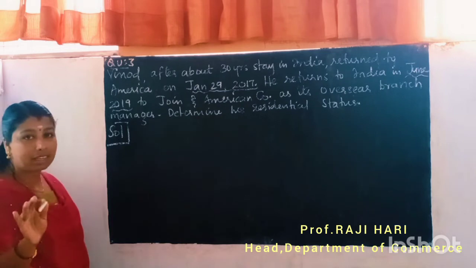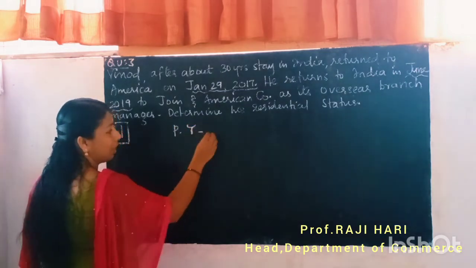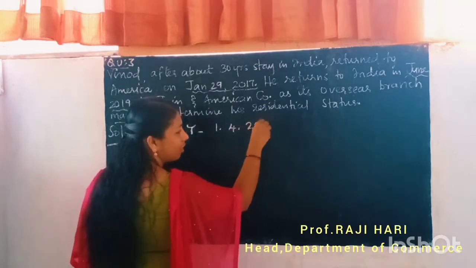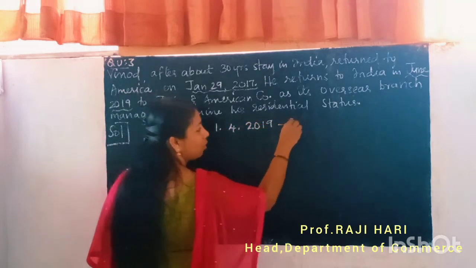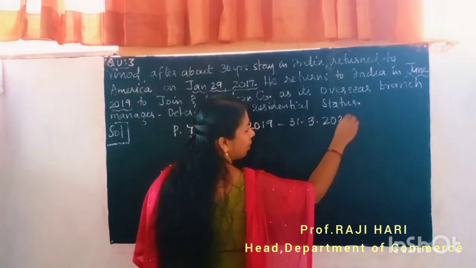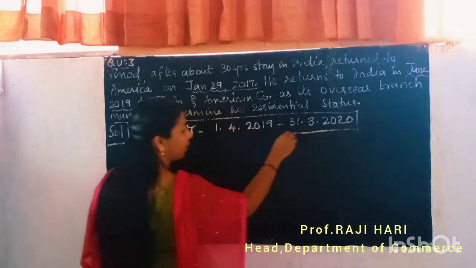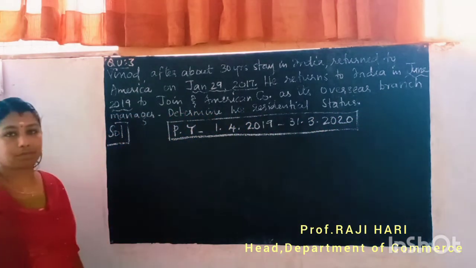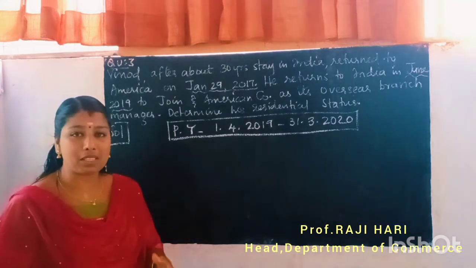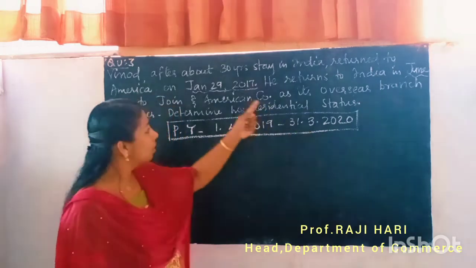So before starting the problem, first we have to mention our previous year: 1/4/2019 to 31/3/2020. This is the first basic factor you have to mention before starting the answer. Then count whether he is physically present in India during this previous year.